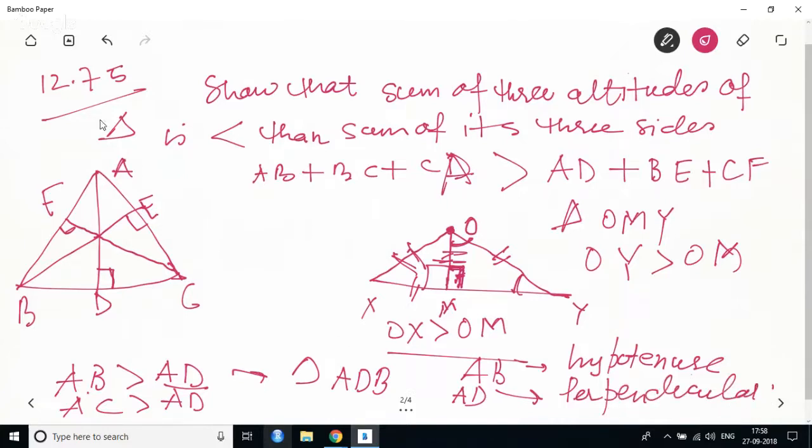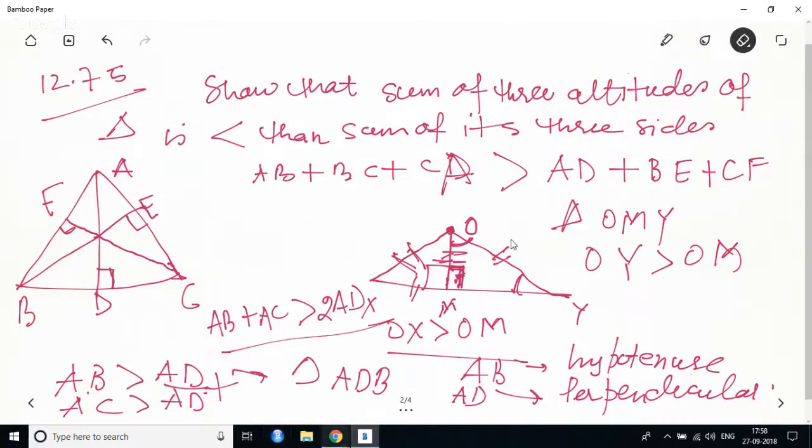So I add both of these. I am writing AB plus AC, which should be greater than 2AD.